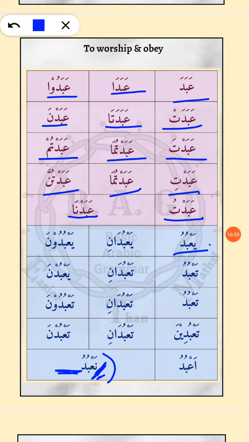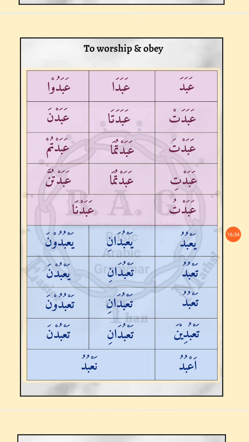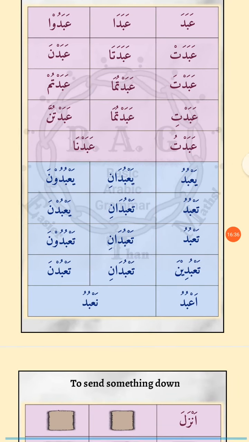Ya'budu, ya'budani, ya'buduna, ta'budu, ta'budani, ya'budna, ta'budu, ta'budani, ta'buduna, ta'budina, ta'budani, ta'budna, a'budu, na'budu. Na'budu is a word we are all familiar with, and ta'buduna from the Surah Al-Kafiruna. And of course abattum from there as well.